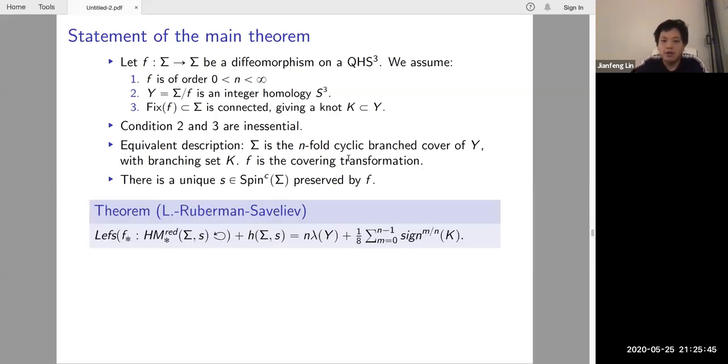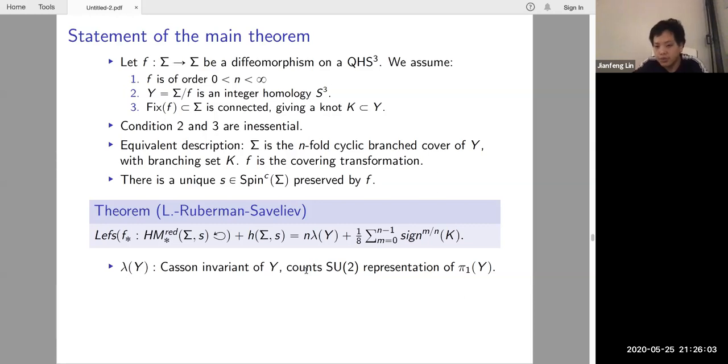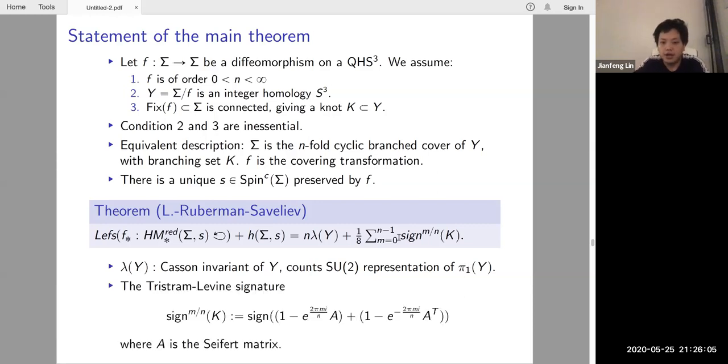Okay. And now let me state the main theorem. The main theorem states that the normalized Lefschetz number, which is just the left-hand side of the equality, is a linear combination of the Casson invariant lambda of Y, which is some count of SU(2) representations of the fundamental group, and this Tristram-Levine signature, or some people call it the twisted signature.